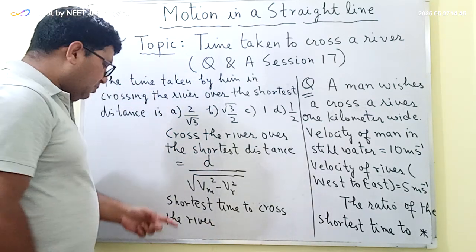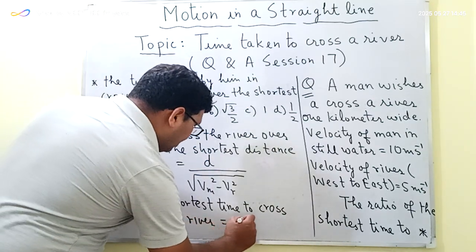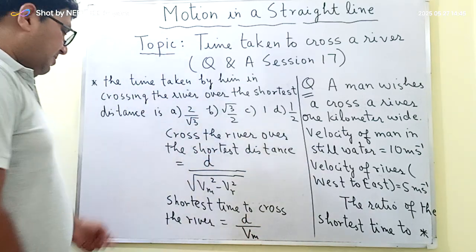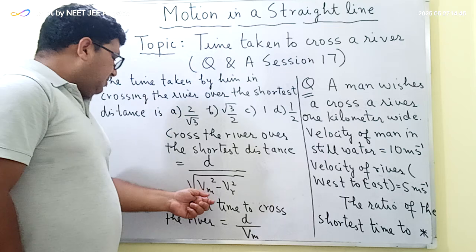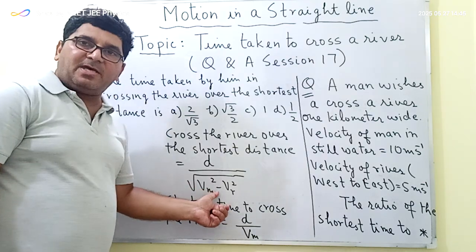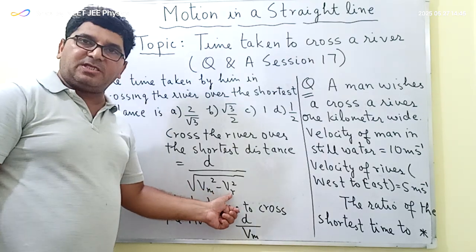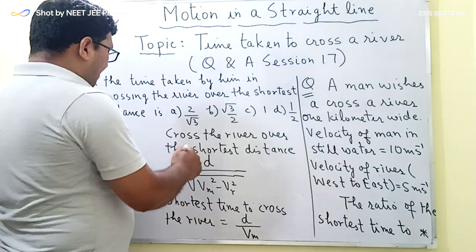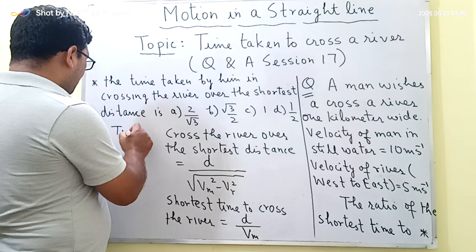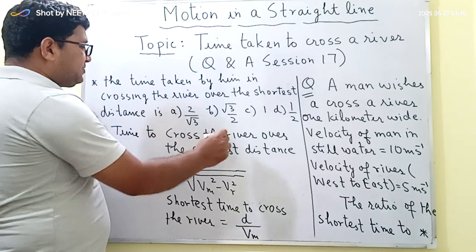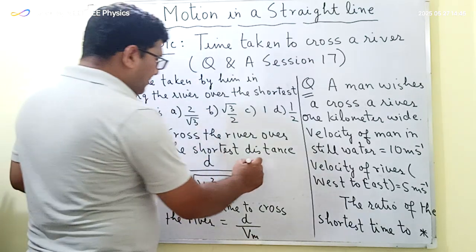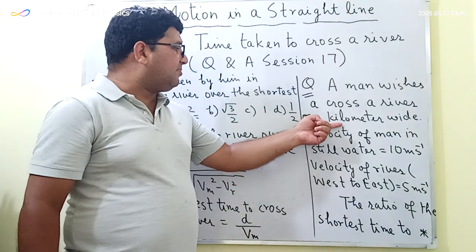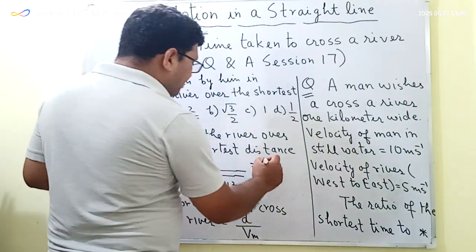So the shortest time taken by a man to cross a river is equal to d divided by the velocity of the man in still water. Here Vm is the velocity of the man in still water, Vr is the velocity of the river. So in this case the time taken to cross the river over the shortest distance will be equal to, now d is the width of the river, which is 1 kilometer, so I will convert it into meters.